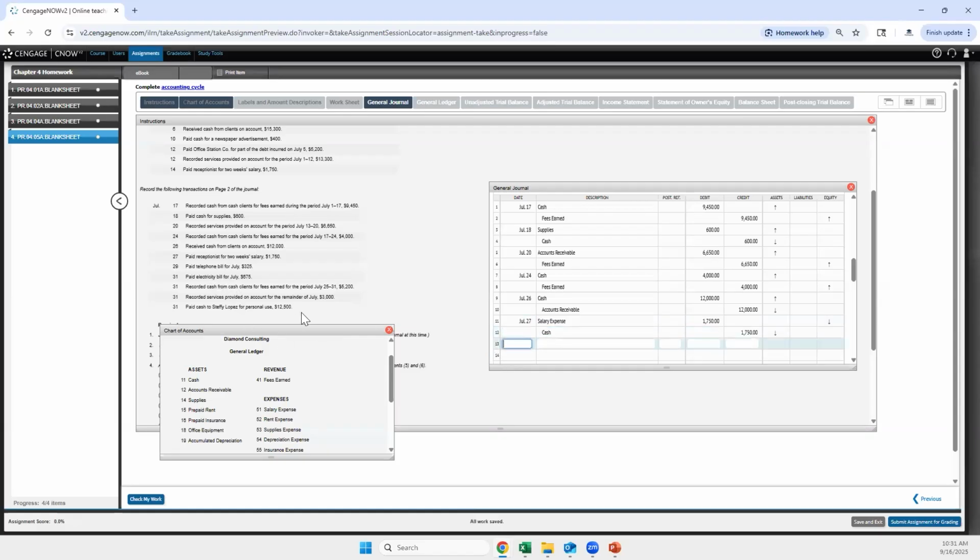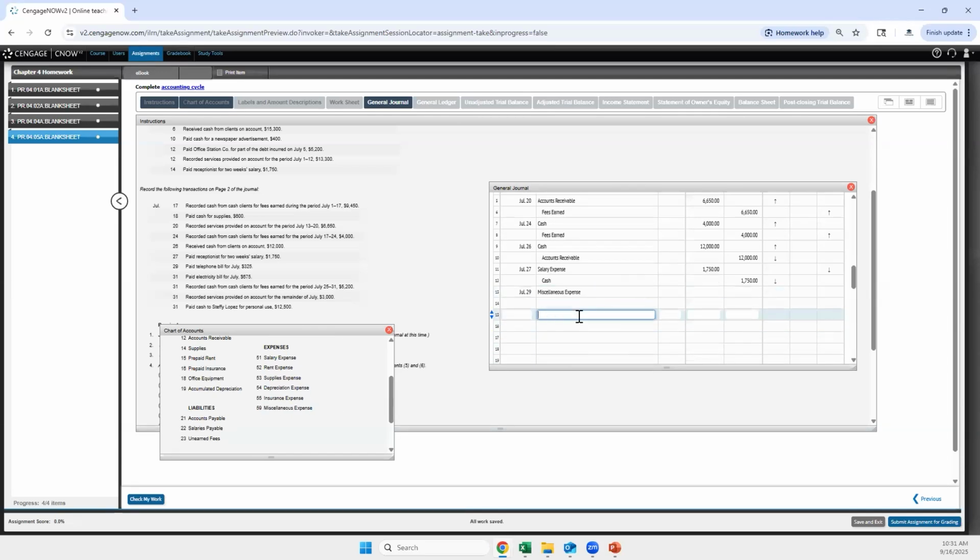And then July 29th, paid telephone bill for July. That's again not in any of these expense categories. So the expense is going to be miscellaneous expense.